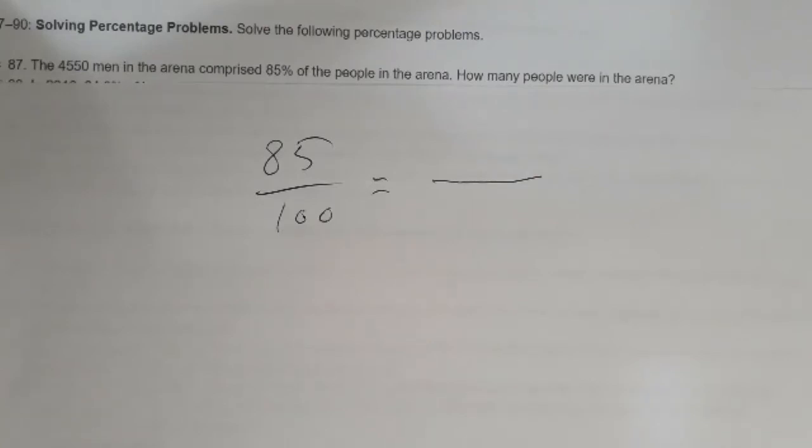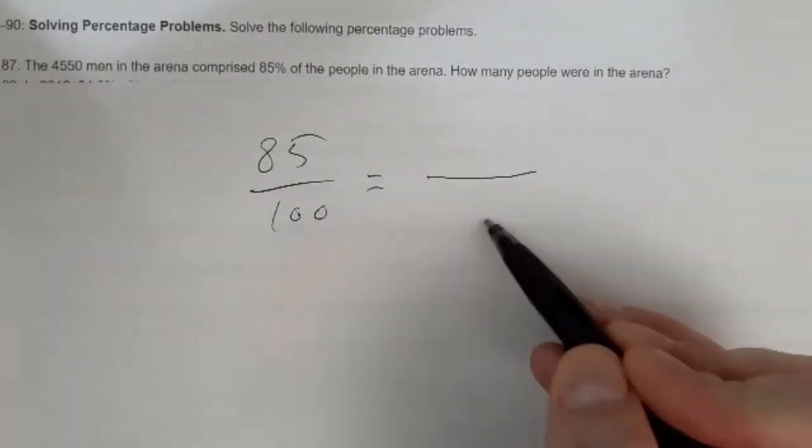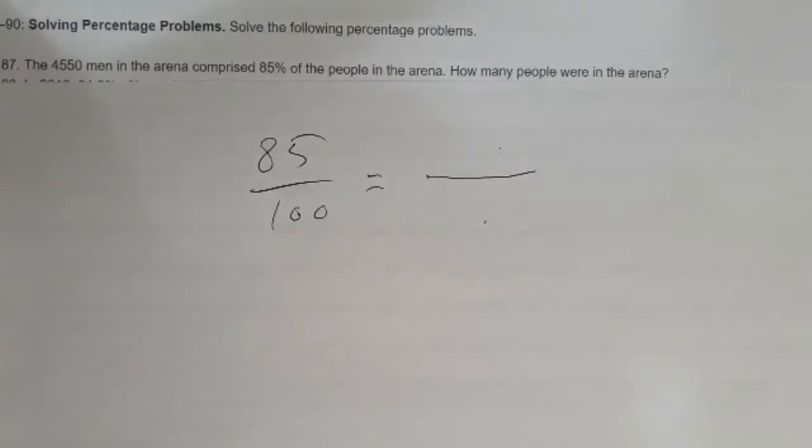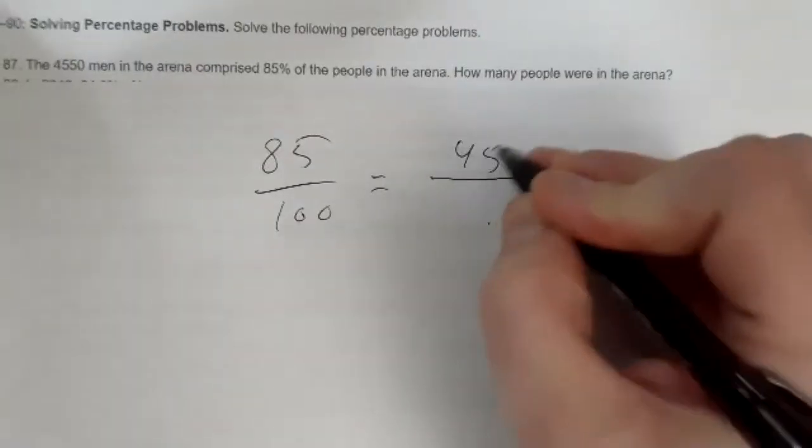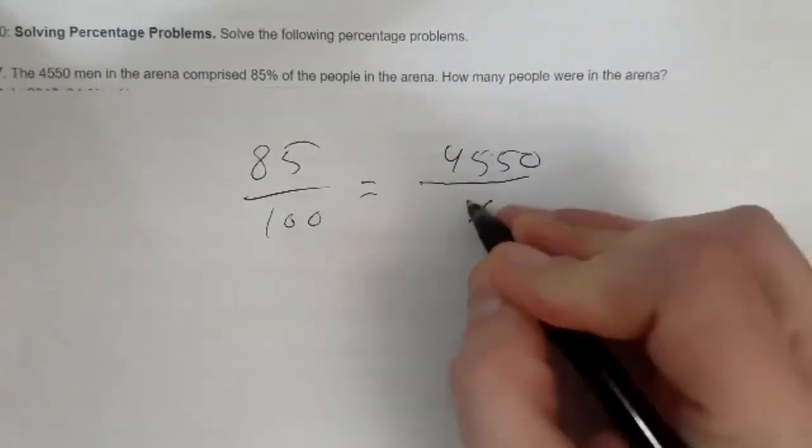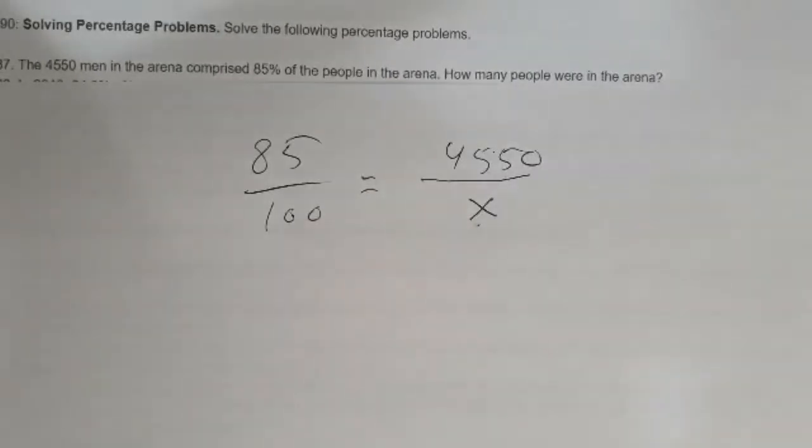And if I did this, how would I figure this thing out? What's my part and what's my whole? Your part would be 4550, and then your whole would be X. Yeah, exactly. That's the thing I want to know. That's the thing I don't know. So if you wanted to set it up like this, this is absolutely a good way to set it up.